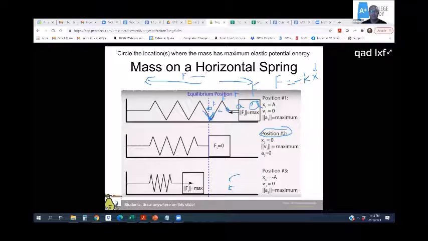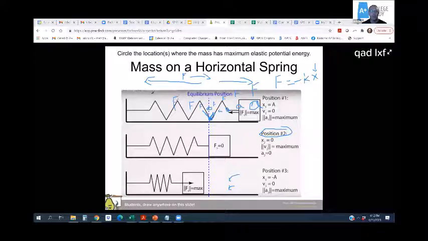So the restoring force is now pushing back to the right. Starts off pretty small because the displacement away from equilibrium is pretty small. But as we move further and further to the left, that restoring force gets bigger and bigger. And it's always pushing back toward equilibrium.